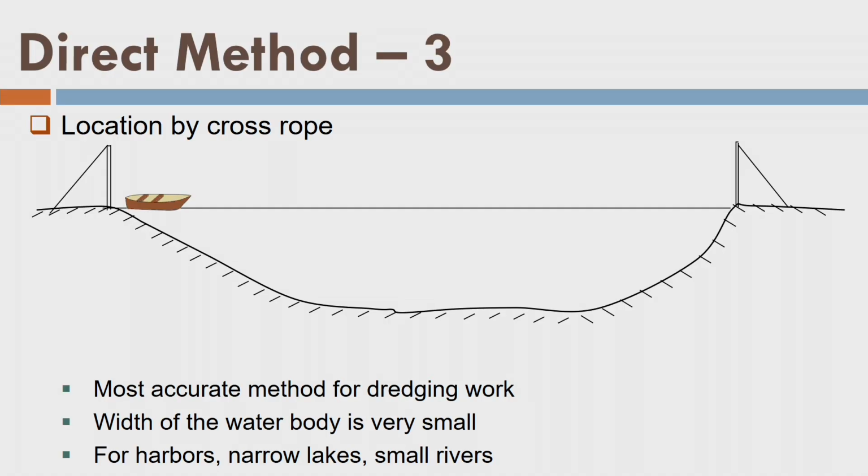Okay, there is a third direct method. It's called location by cross rope. Okay, what is this cross rope? Let us say that the water body is very small, 8 meter, 10 meter, 20 meter, something like that. So across this water body, we can stretch a rope, okay, which is also a graduated rope.